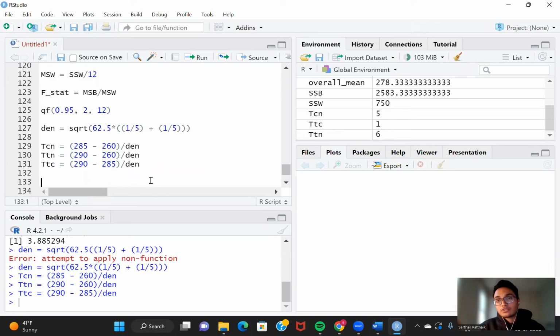And now we need to compare these calculated test statistics for all the groups with a critical t-value. The critical t-value will be calculated using the concept of a two-sided t-test. We have alpha as 0.05.